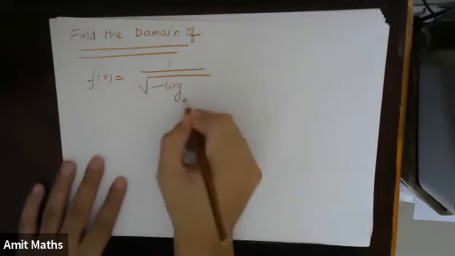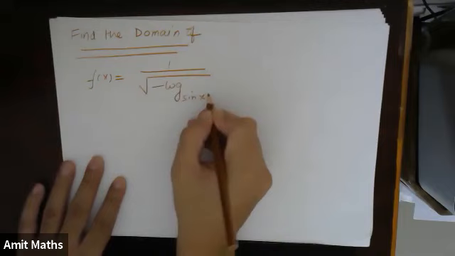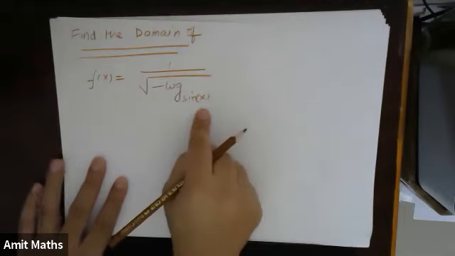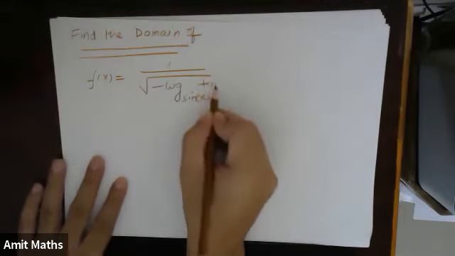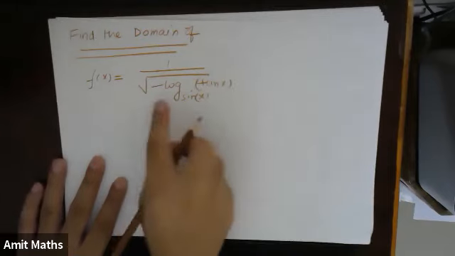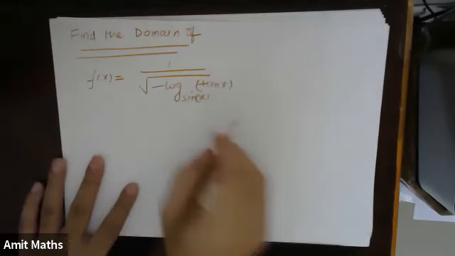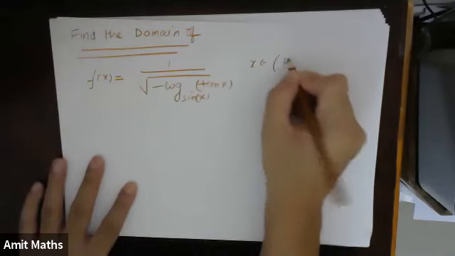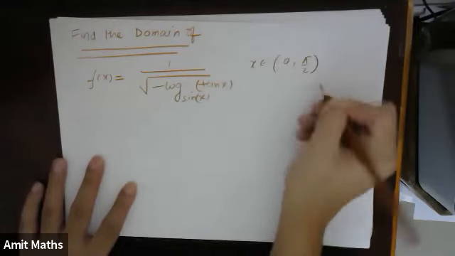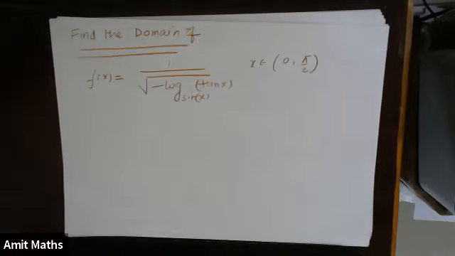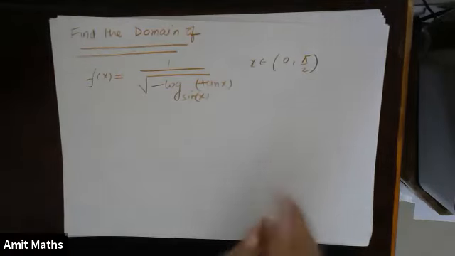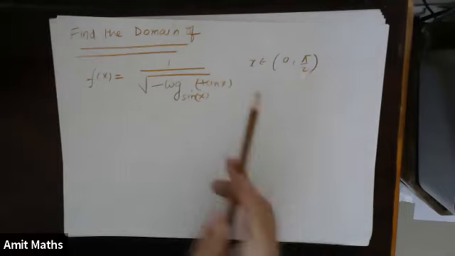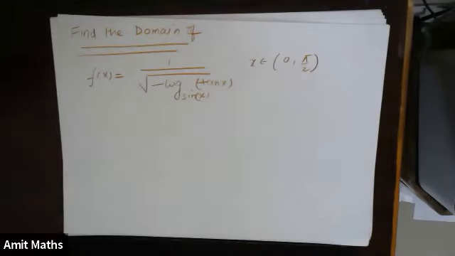Between x belongs to 0 to pi by 2, what will be the values of x which this function can take?